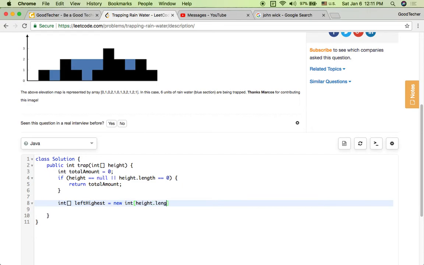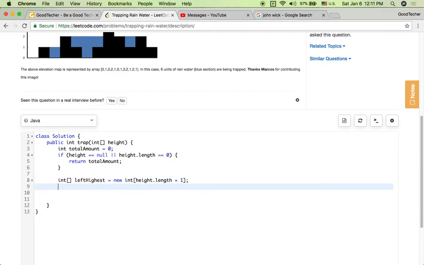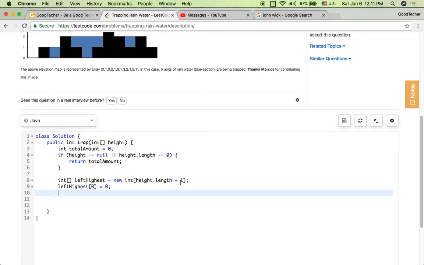And the length of this array would be the input array length plus 1. The first one would always be 0.